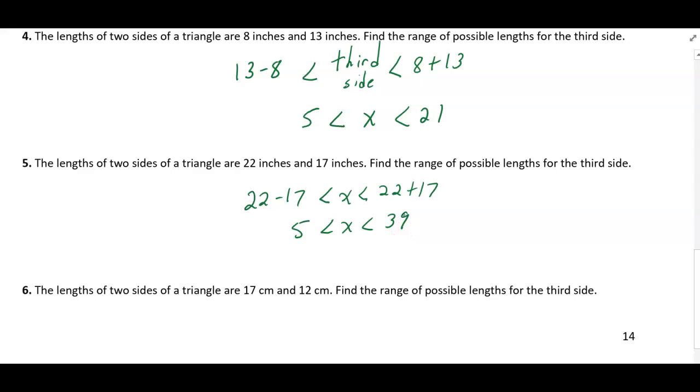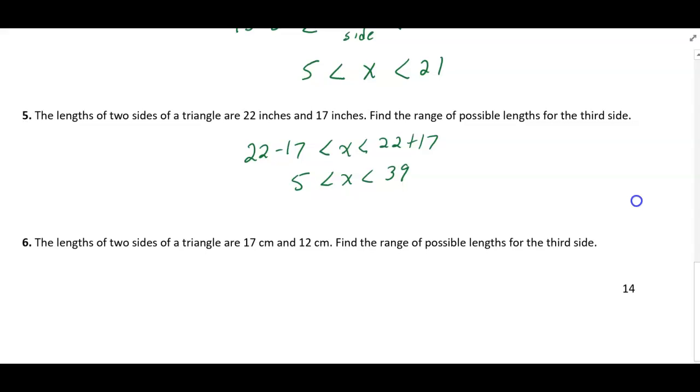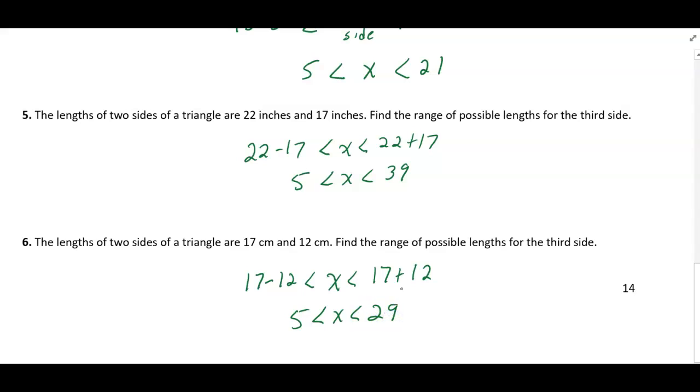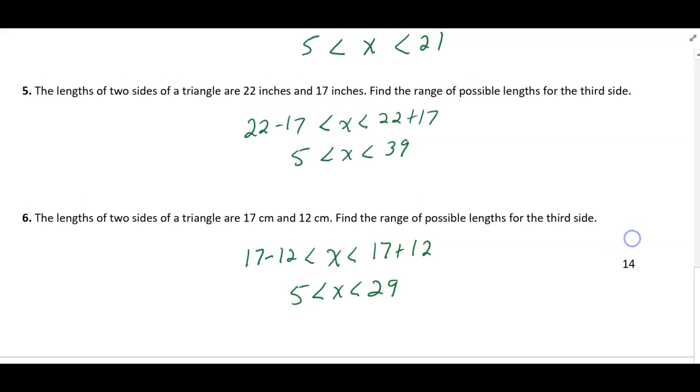So the third side is trapped between 5 and 39. For example 6, again, the same idea. I'll just use x this time. So it would be 17 plus 12, and the smallest would be 17 minus 12. Doing the math, we get 5 is less than x, which is less than 29. So the third side is trapped between 5 and 29.